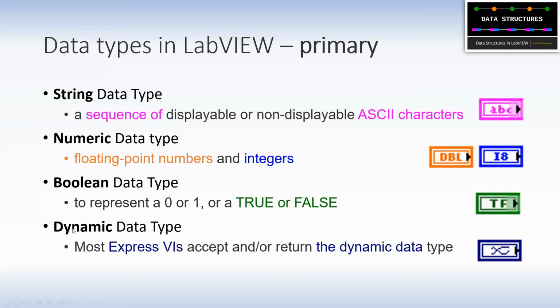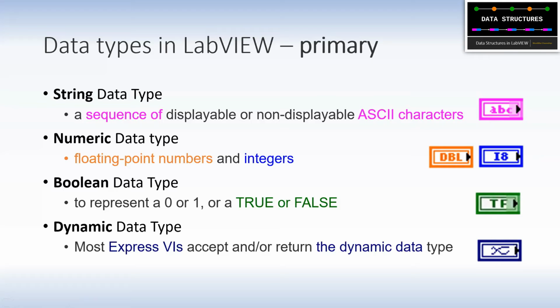And see, the fourth one is the dynamic data type, which is special to LabVIEW, and it is not available in other languages. So this is only used for Express VIs. Okay. So these Express VIs we used in the first example, like when we generate signal, sine waves and something like that. The VI with the blue background is called an Express VI.